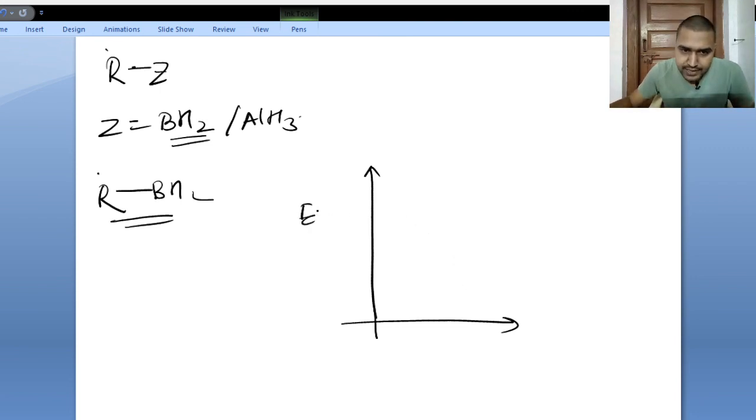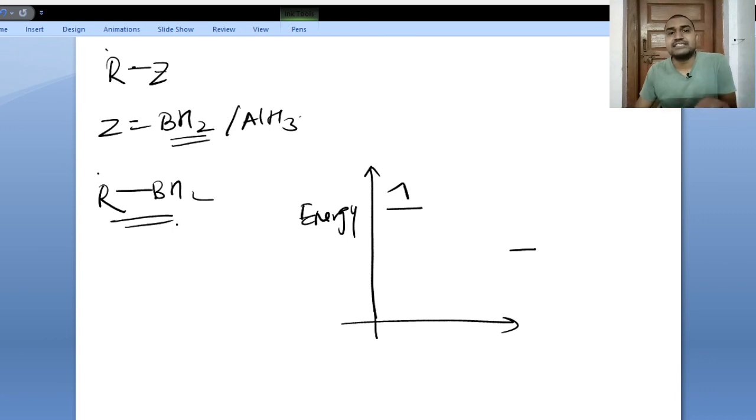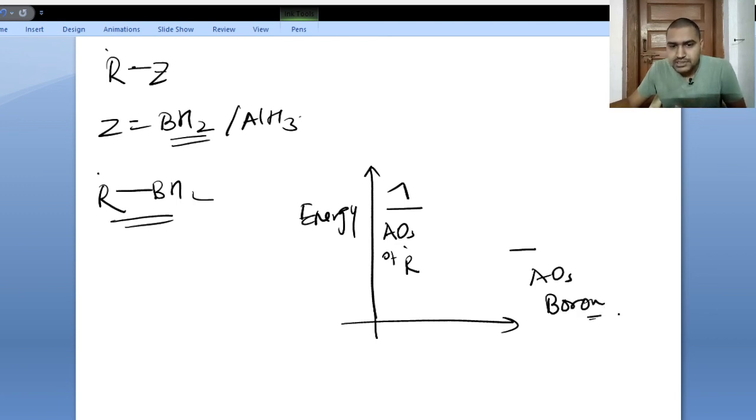This is your energy, this is the unpaired electron of the free radical, and this is the vacant orbital of boron. Although boron is less electronegative, so its energy must be high, free radicals are highly energetic. That's why its energy is higher than boron. So this is the atomic orbital of the free radical, and this is the atomic orbital of boron.